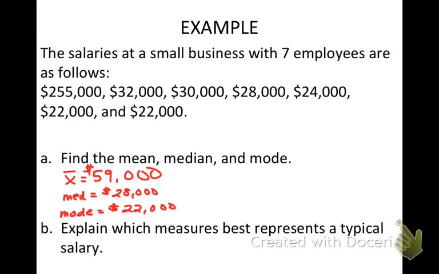No. So if I said that on average the salaries are 59,000, that would give me a bit of a skewed perspective because I would be thinking that more people would be making closer to 59 and they're not. So then we can look at the median or the mode. The mode represents 2 of the lowest salaries. So would that be representative of the whole situation? No. So probably the median would represent the best.